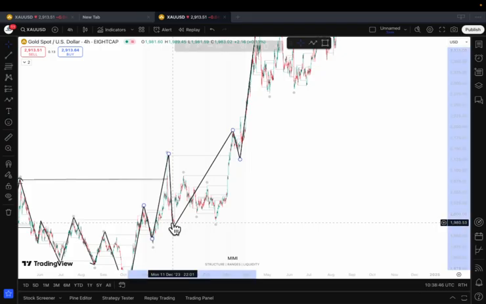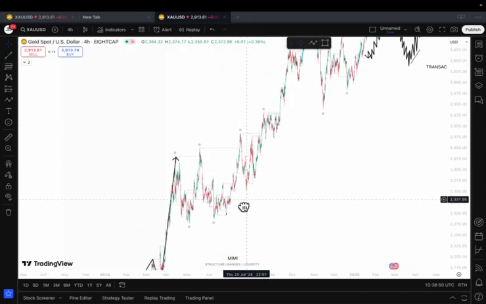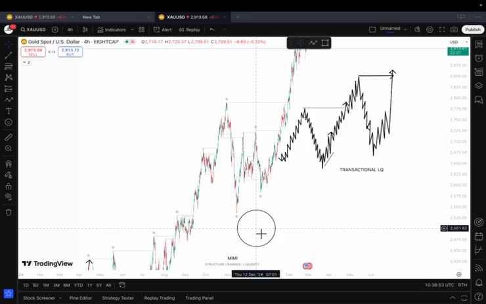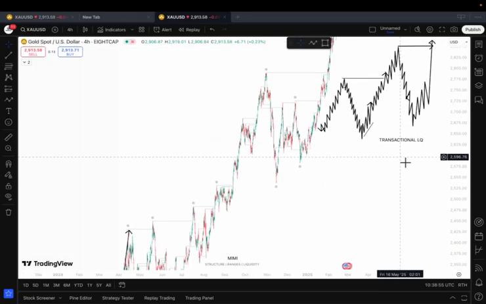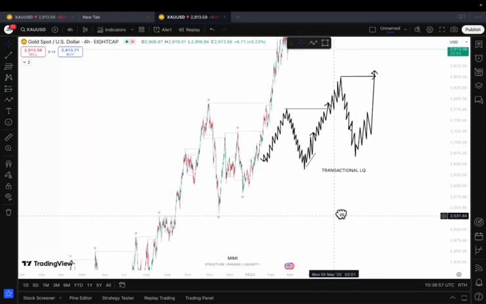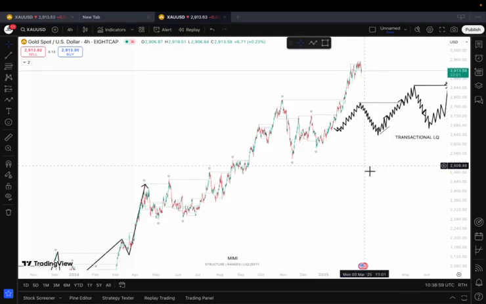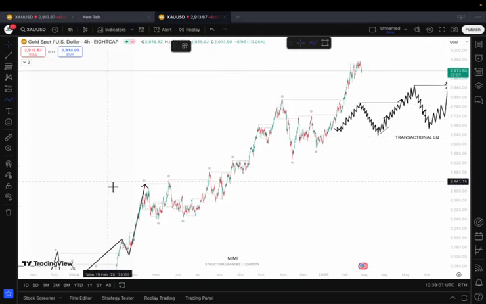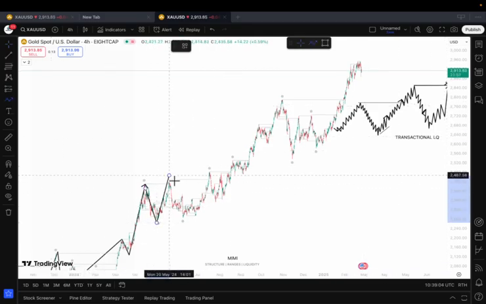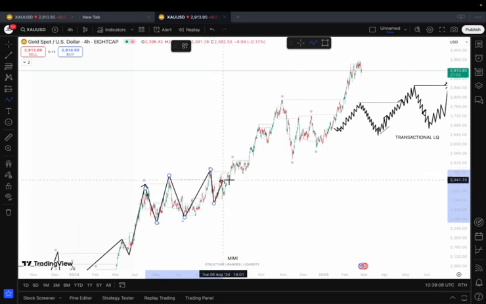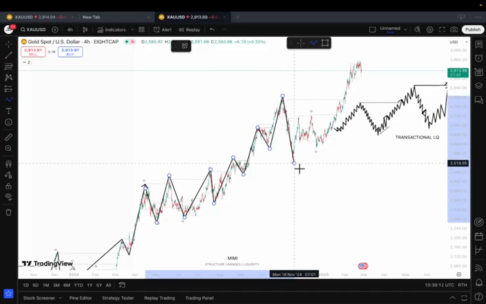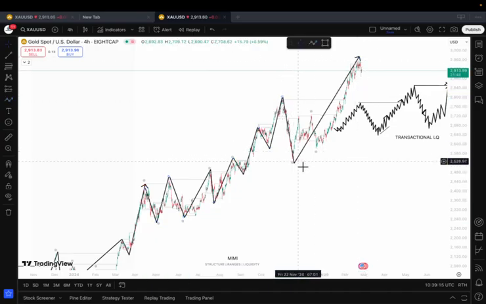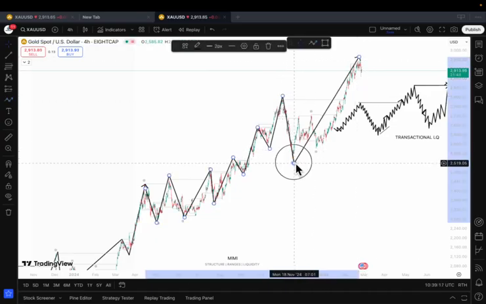Okay, but this is our range low here, and all these guys here are strong point, strong point, strong point that will later turn to transactional liquidity. Why will they turn to transactional liquidity? Once there is a change of character. Taking out, and this is the last external that we have here.